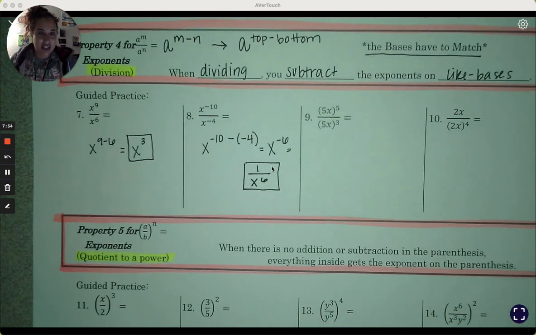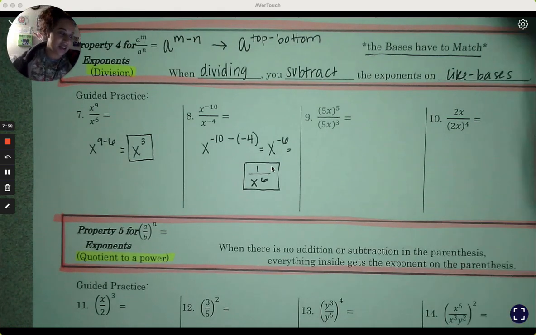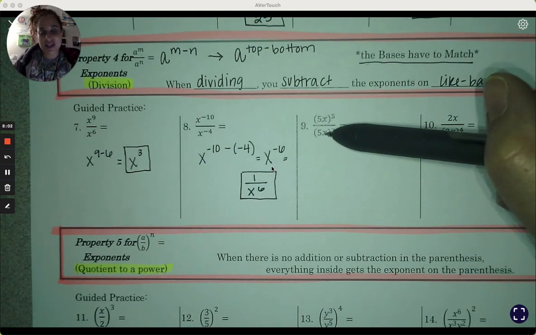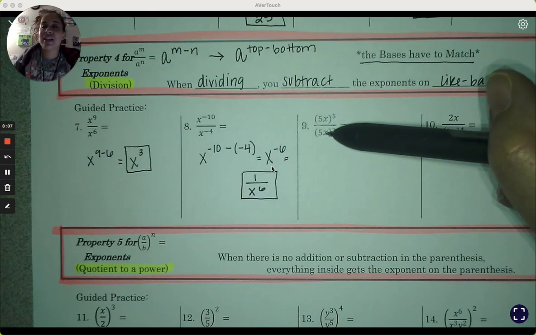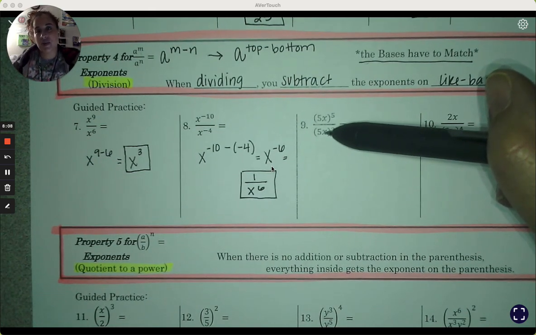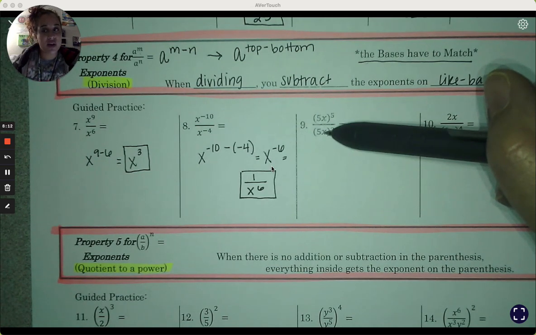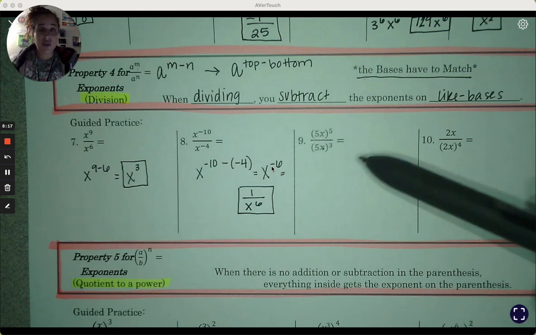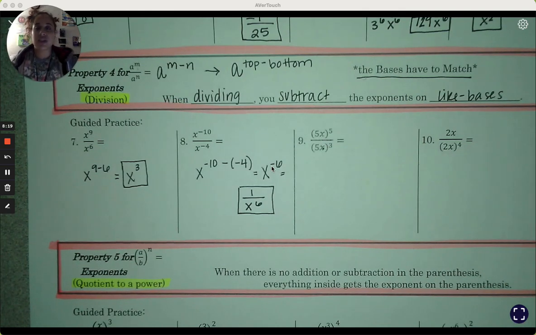Looking at number 9. So the first thing I noticed about number 9 is we have 5x, 5x. Okay, they're the same thing, so I'm not really going to play around with it just yet. I'm going to leave it until we've played with our exponents first. Remember, please excuse my dear Aunt Sally. So we have to do what's inside the parentheses first, but there's nothing to do inside the parentheses, so I move on to exponents.